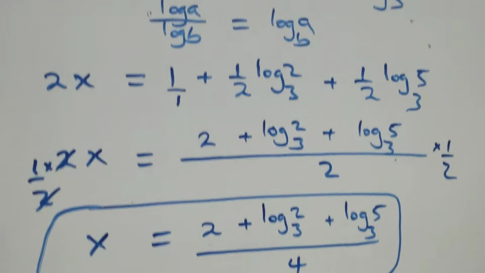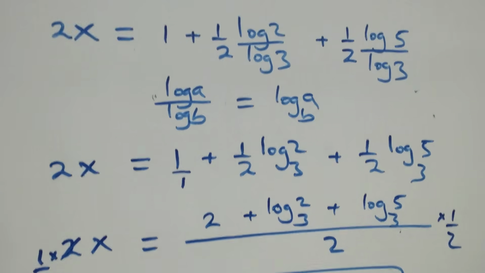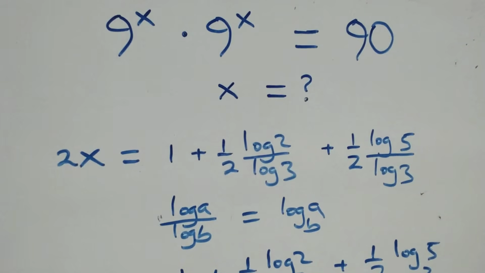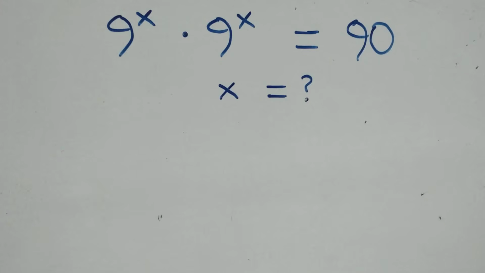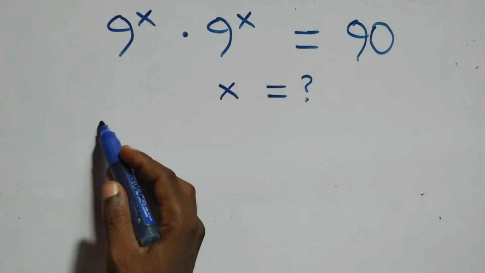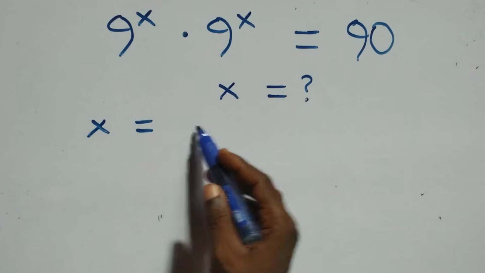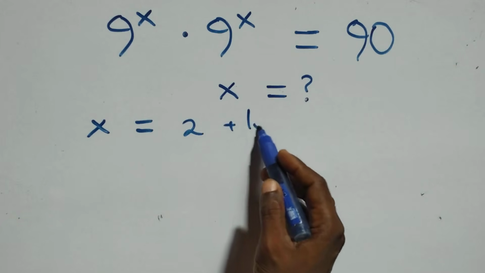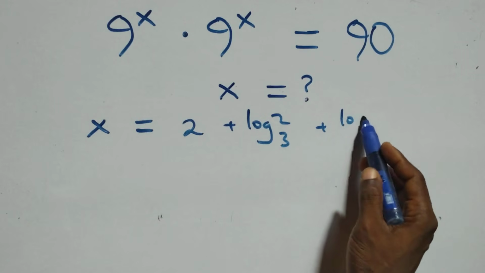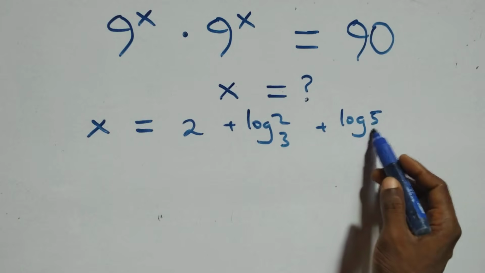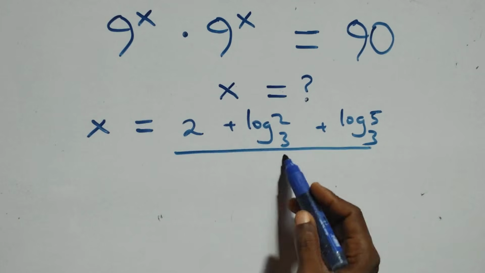Then let's check if this satisfies the given problem. We substitute the value of x here, which is x equals 2 plus log 2 base 3 plus log 5 base 3 all over 4.